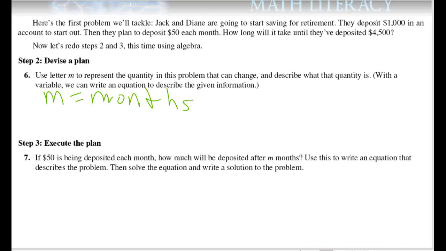Remember, when we did the arithmetic, we multiplied 50 times 70 because we deposited $50 70 times. Now we're going to deposit $50 M times. When I write 50M, that means I'm going to multiply 50 times the number of months.